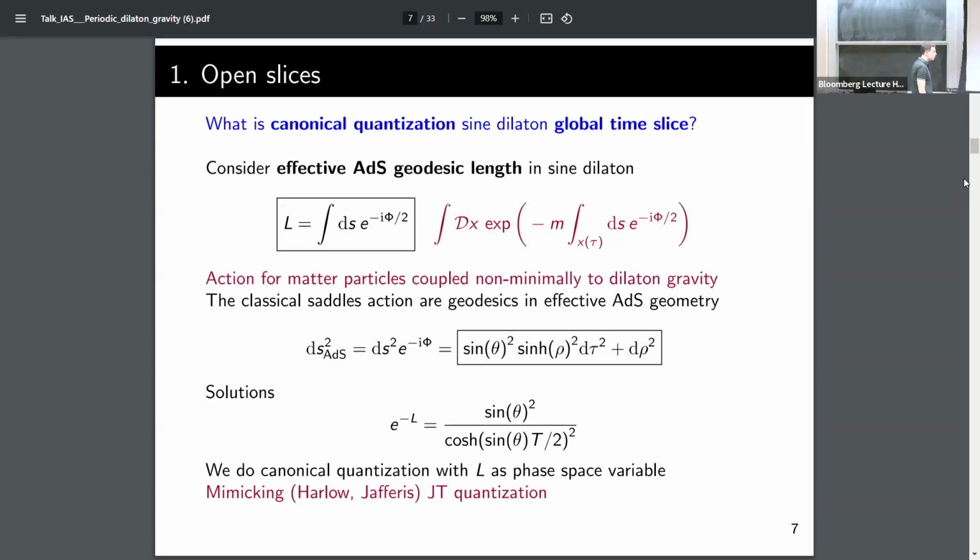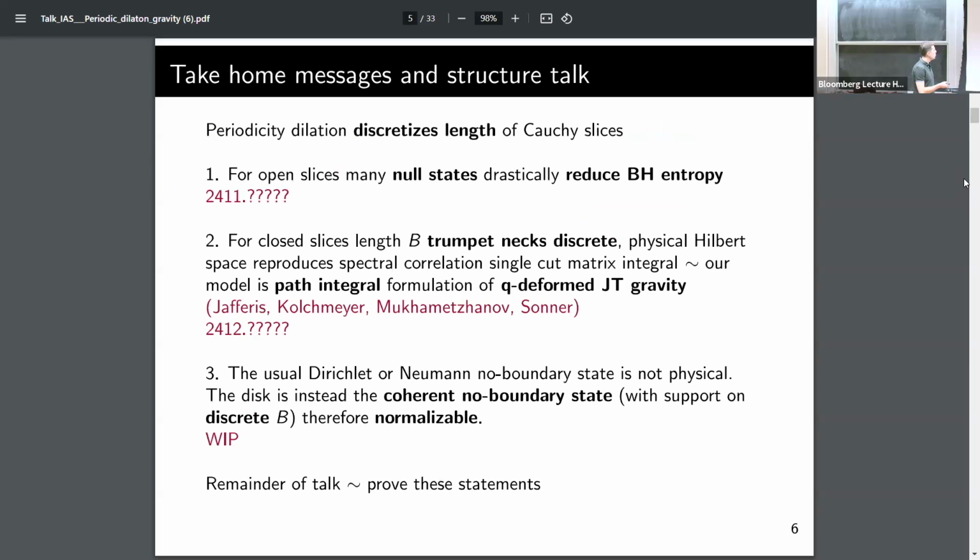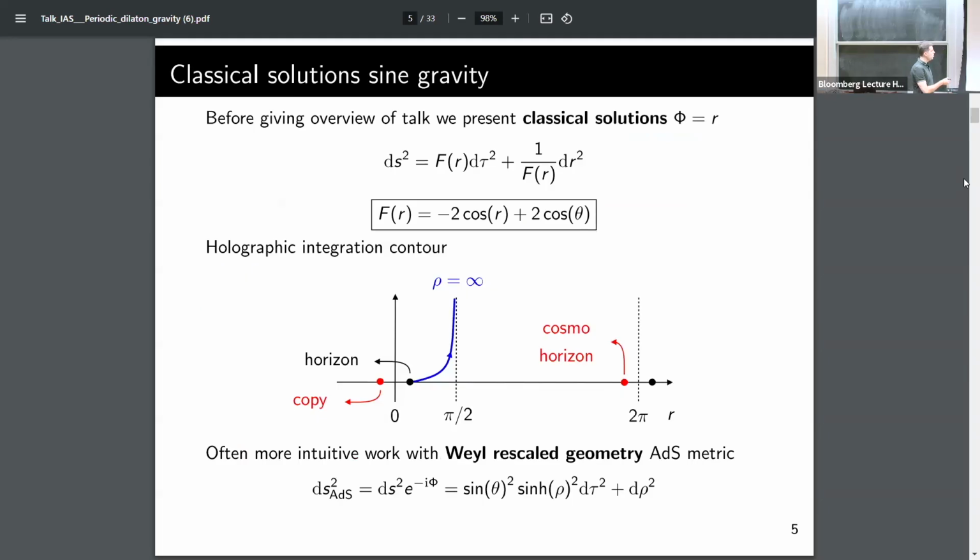So when I look at the right hand side equation in the box, theta, rho, and tau, are they all real? Yeah, they're all real. I don't understand why, because I thought the sine dilaton theory does have a completely real Euclidean AdS solution. Yes, it does, but it's this one.